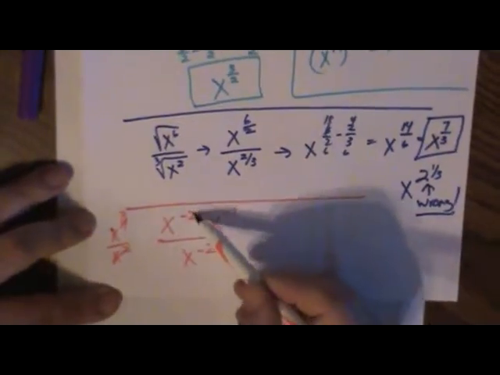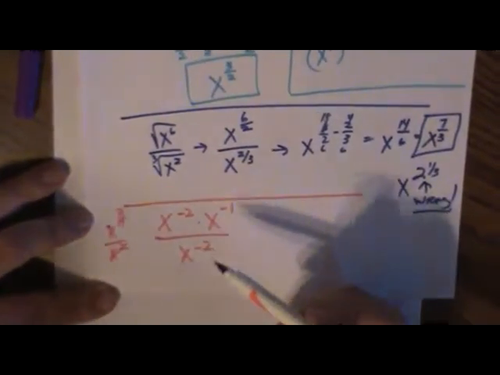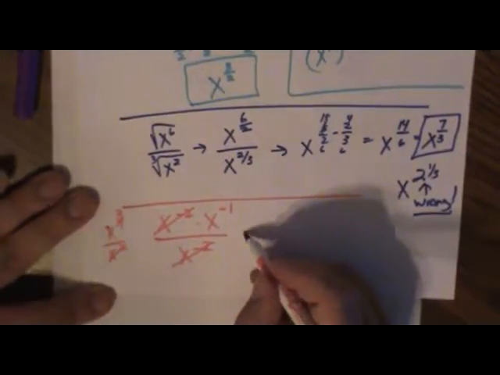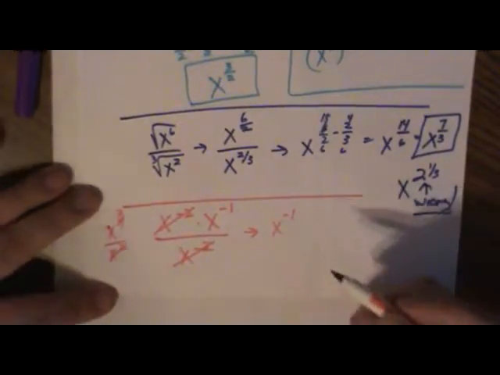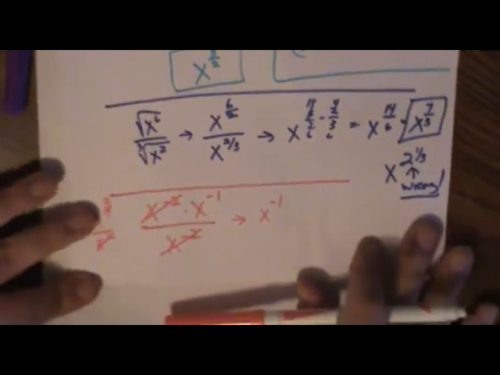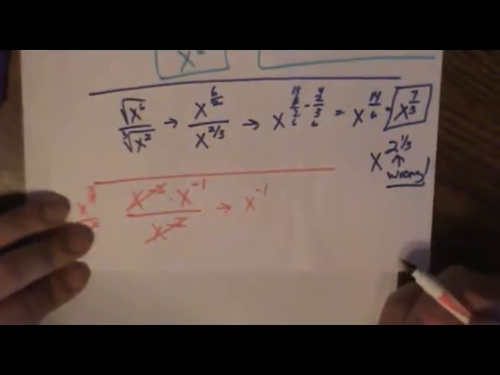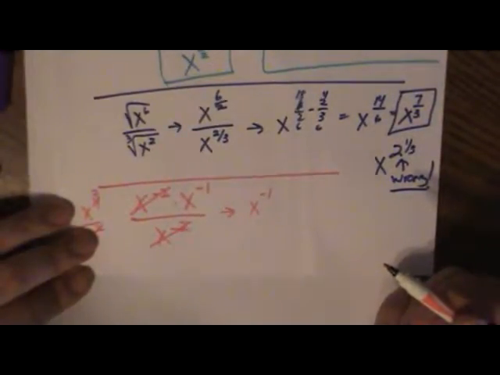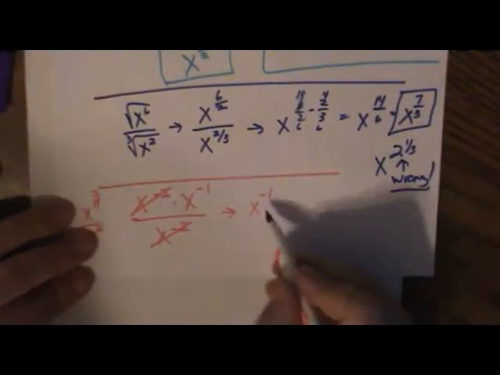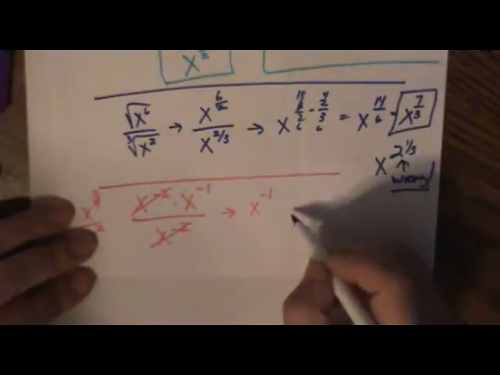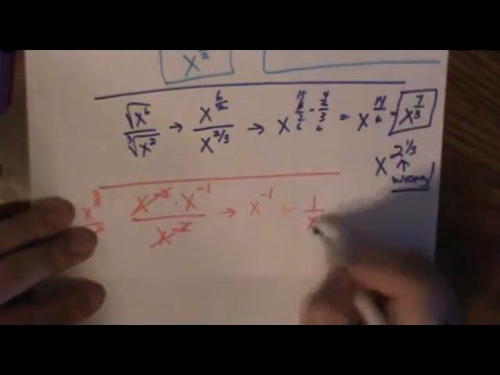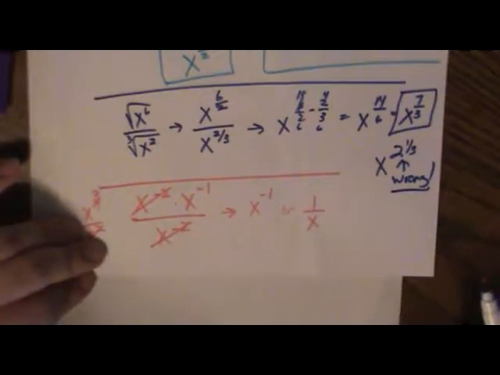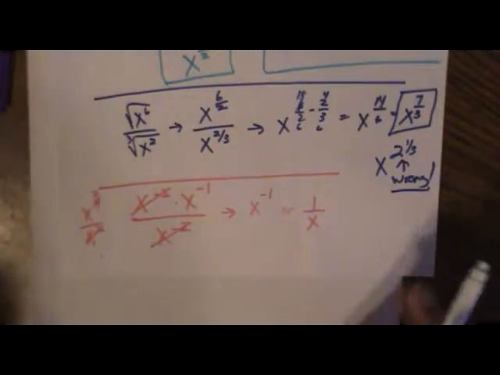Because these powers are exactly the same, and both negative, we could cancel those. That leaves us with x to the negative 1. Sometimes the Hawk system tells us very clearly in the directions not to leave exponents negative. They want all positive powers. So you'd have to change that to be 1 over x. Both of those are correct, but Hawks sometimes is real picky about how it wants its answers.